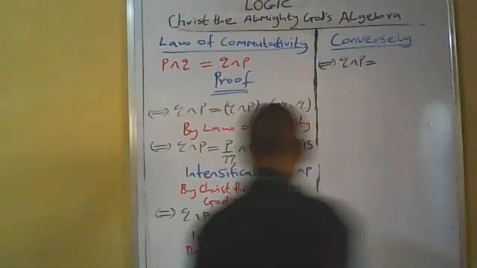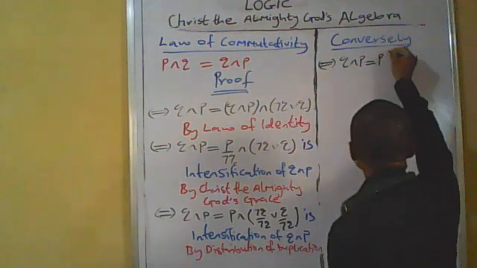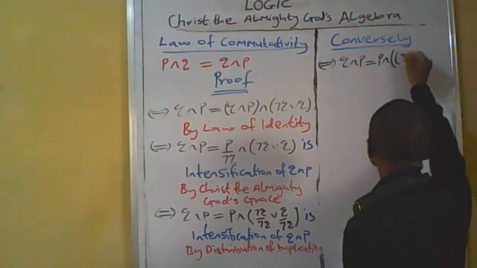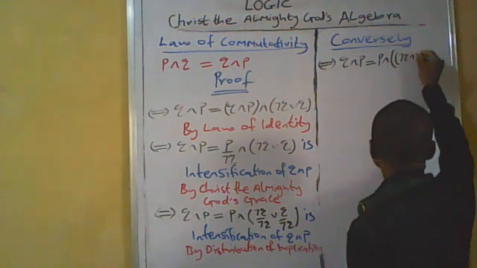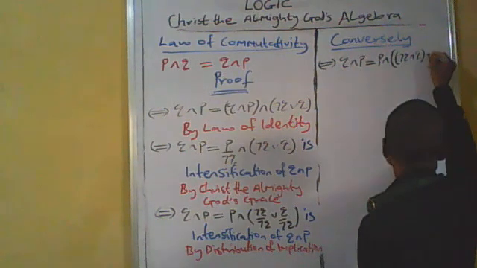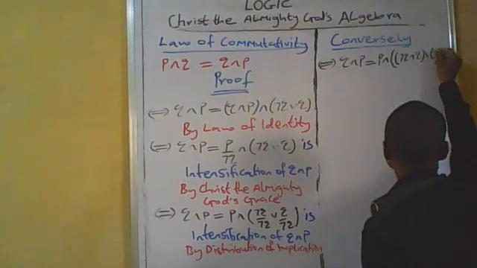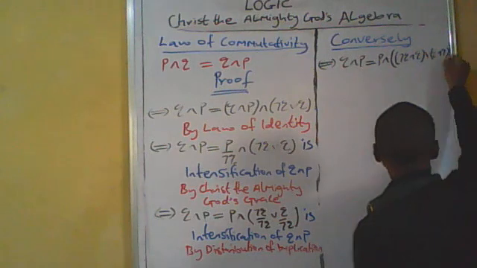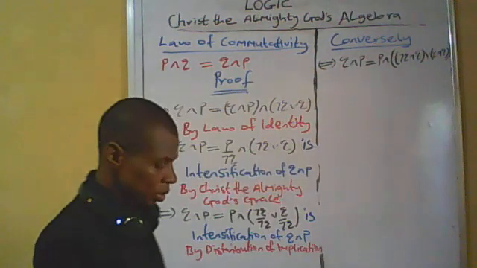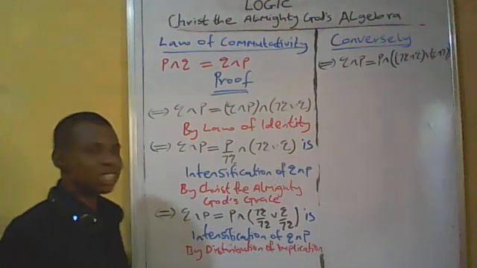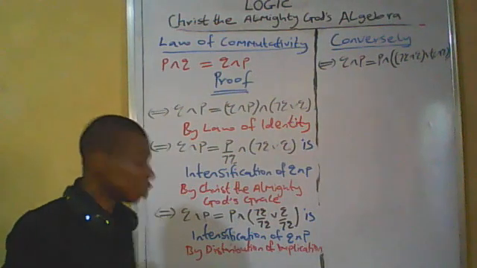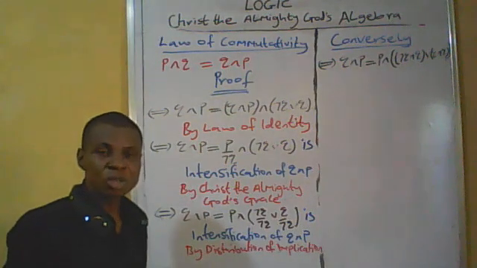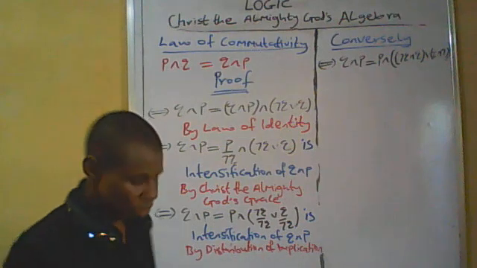That means we have P and bracket not Q and Q or bracket Q and Q. So it is being revised by Christ Almighty God's grace. It's through Christ Almighty God's grace that we revise these two statements.